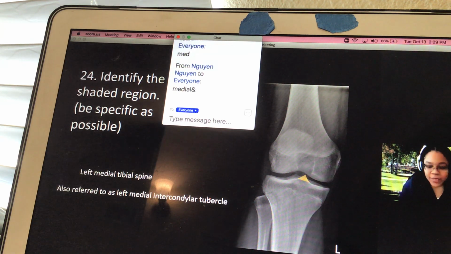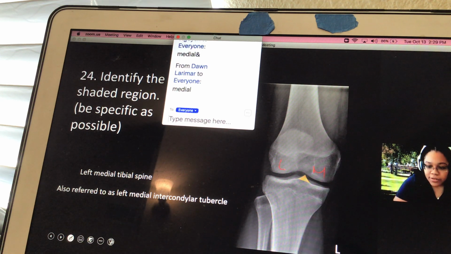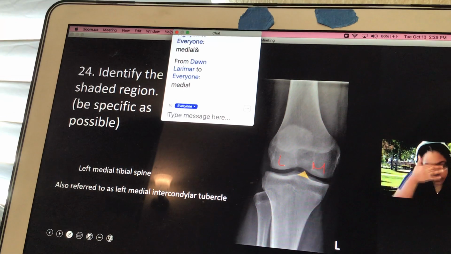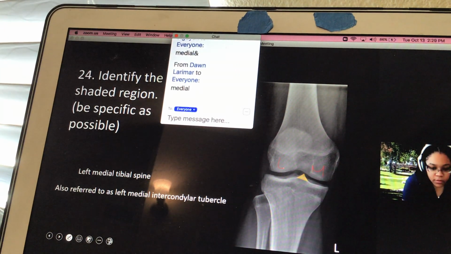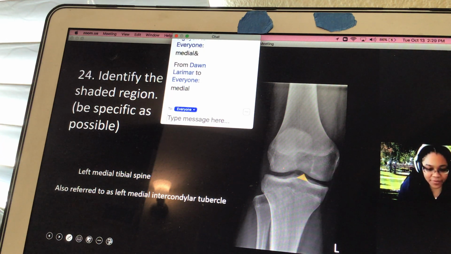It is the left, but it's also the medial one. Remember, this is the medial side, it's the lateral side. So another name for it is the left medial intercondylar tubercle. Don't worry about that. Keep it as tibial spine. I think it's easier to remember it as tibial spine too.